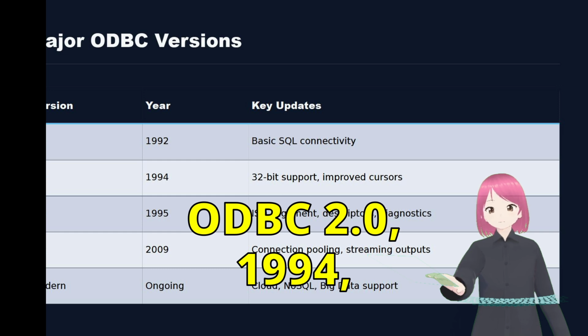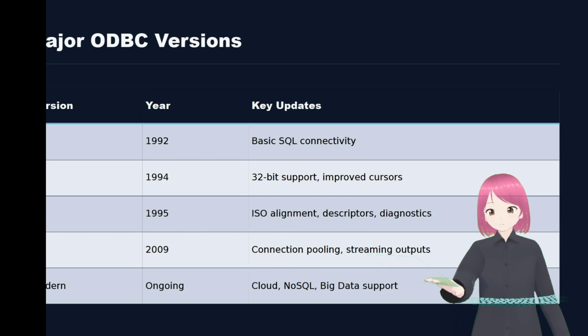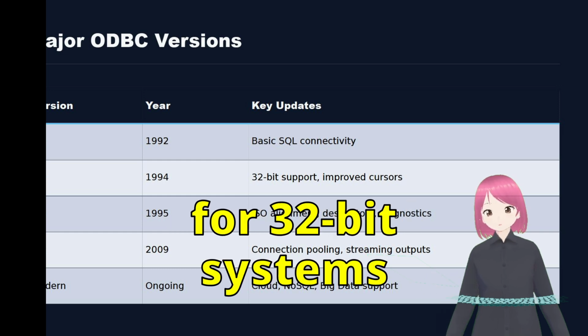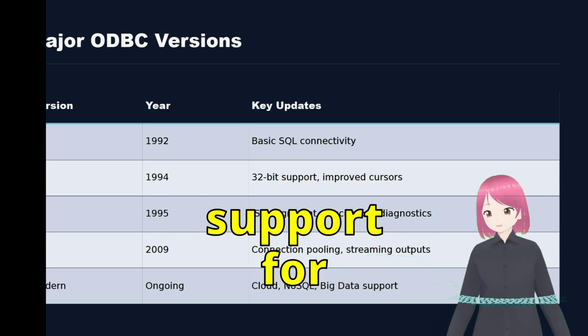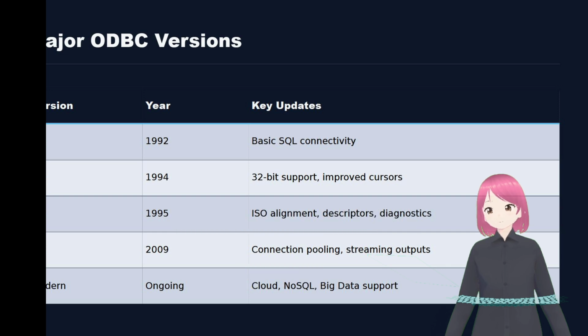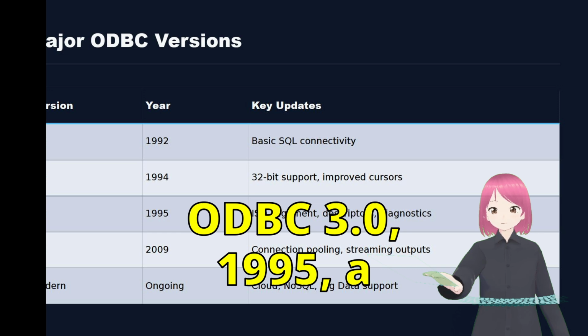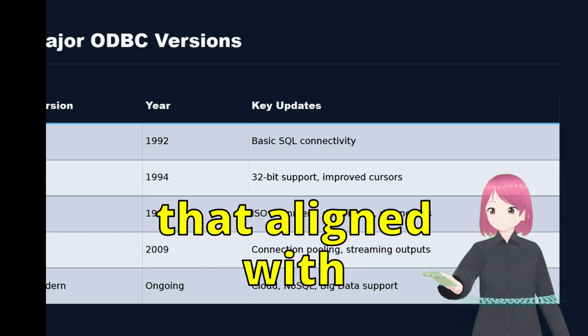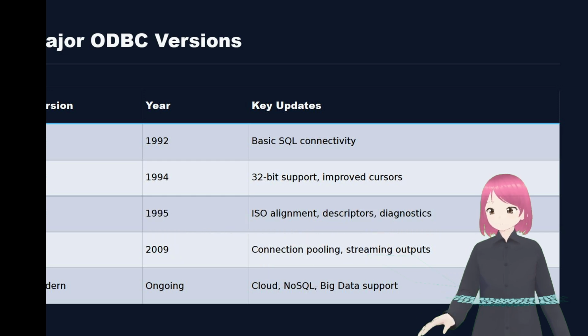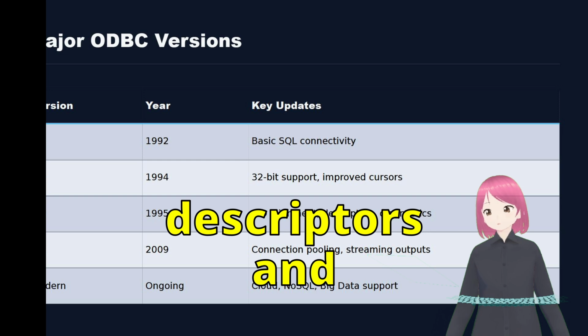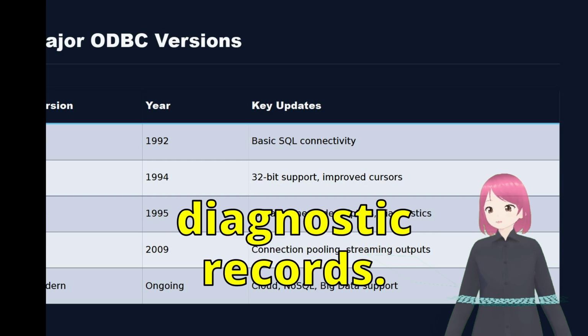ODBC 2.0, 1994, introduced support for 32-bit systems and improved cursor support for navigating data. ODBC 3.0, 1995, a massive overhaul that aligned with the ISO/IEC standards. It introduced features like descriptors and better diagnostic records.